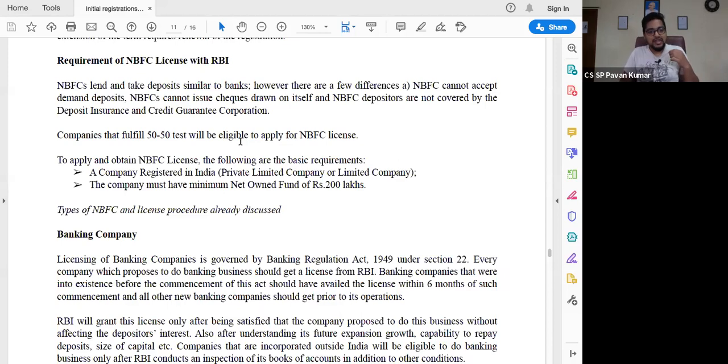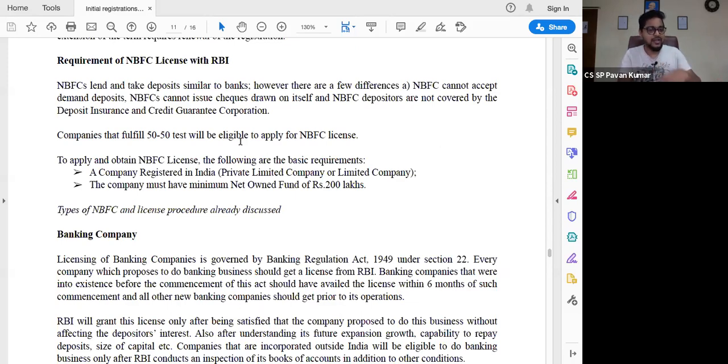If I want to get registered as an NBFC, I first have to get registered under the Companies Act, and I have to satisfy the eligibility test of 50/50. I will explain this eligibility criteria when we come to the NBFC chapter, the financial institution chapter.